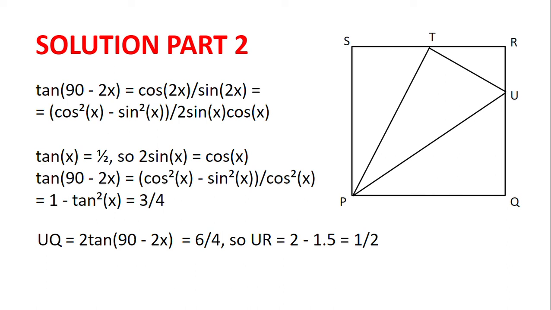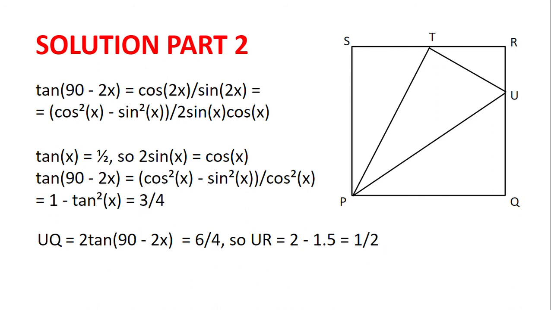They're useful to know. So we know that tan x is a half from previously. So 2 sin x is cos x, which is just rearranging sin x divided by cos x equals a half. And so tan of 90 minus 2x is (cos squared x minus sin squared x) divided by (2 sin x cos x), which is (cos squared x minus sin squared x) divided by cos squared x.